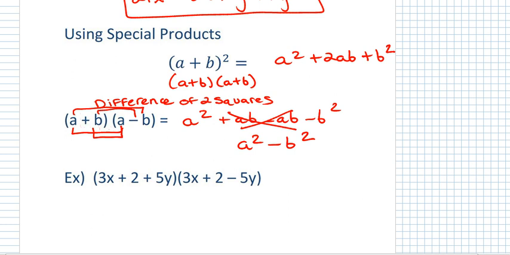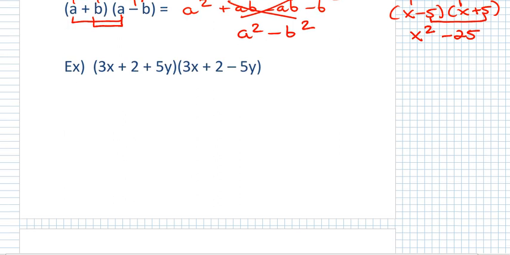And this comes in handy when we do something like x minus 5 times x plus 5. That we know there's going to be no middle term. So when we FOIL, we just have to do the first and the last. There's no reason to do the middle because of the fact that they will cancel out.